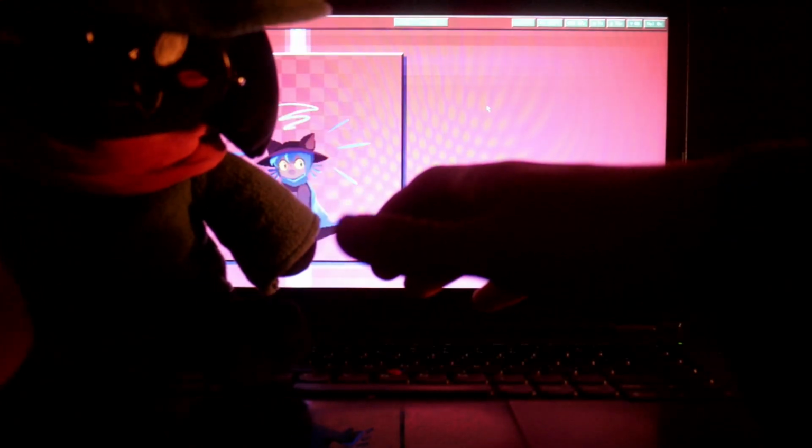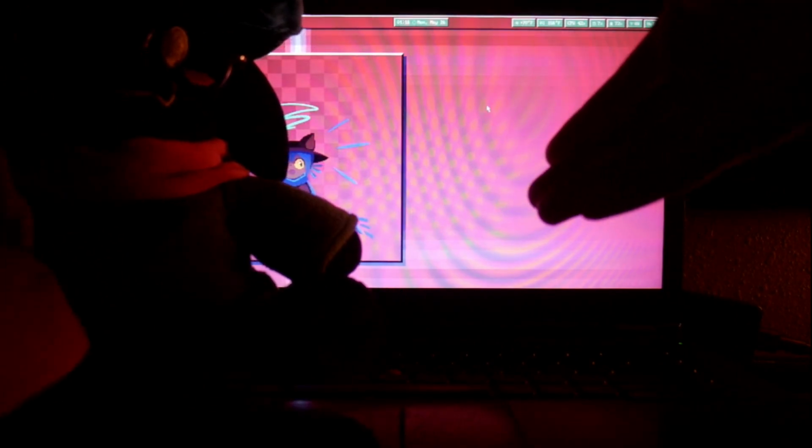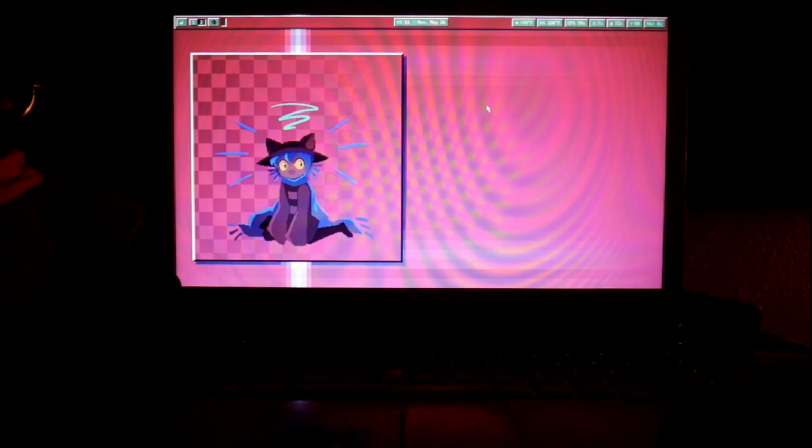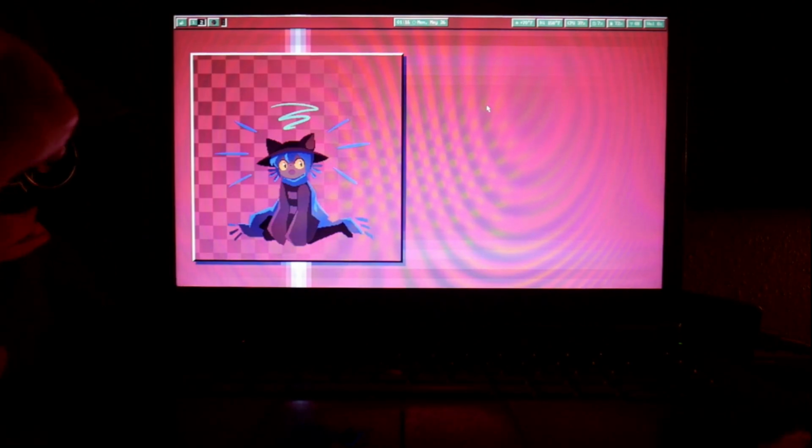So, first things first, I have a Ralsei plush to accompany us today, but not just that. I also have a cup of not so hot chocolate. But if you can see it, this is actually a Nico OneShot mug.